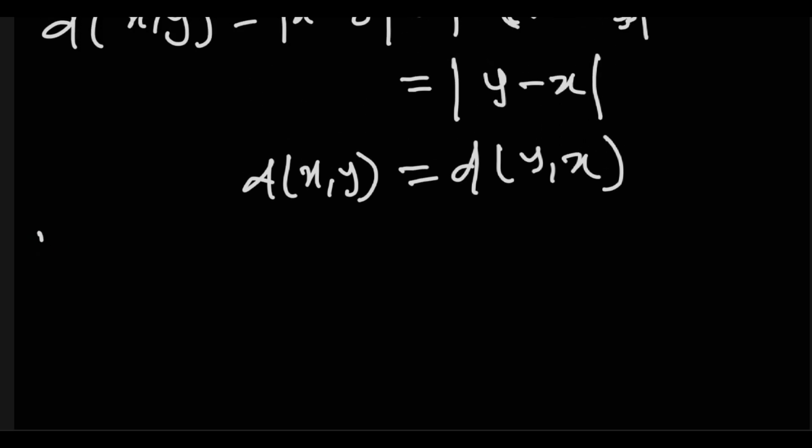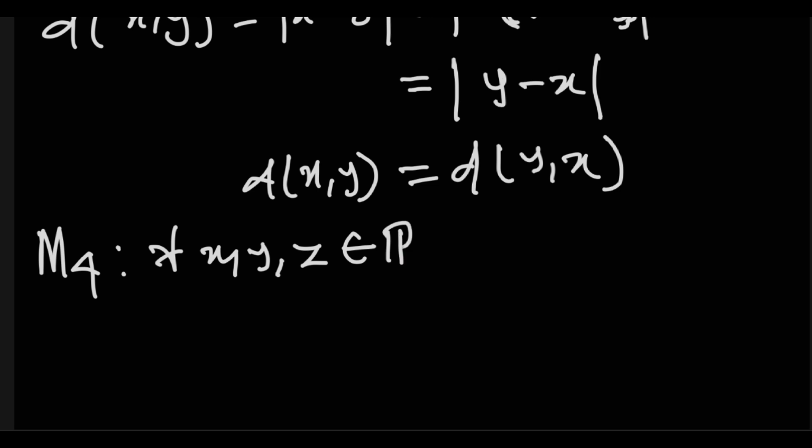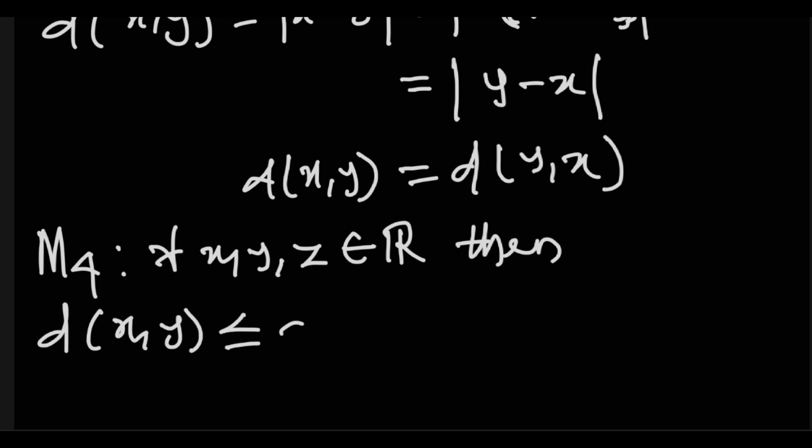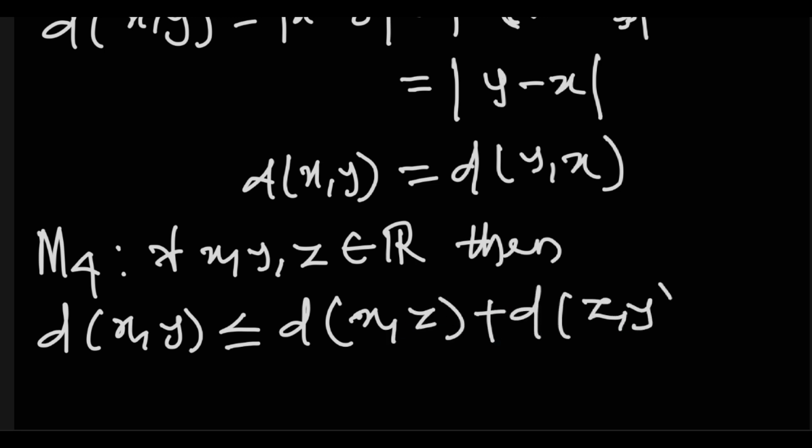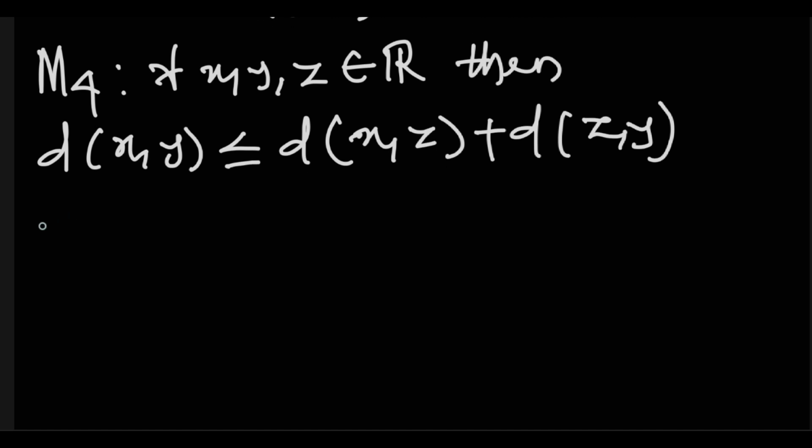Then for M4, when we have z in the reals, the distance from x to y is less than or equal to the distance from x to z plus the distance from z to y. How do we have that?